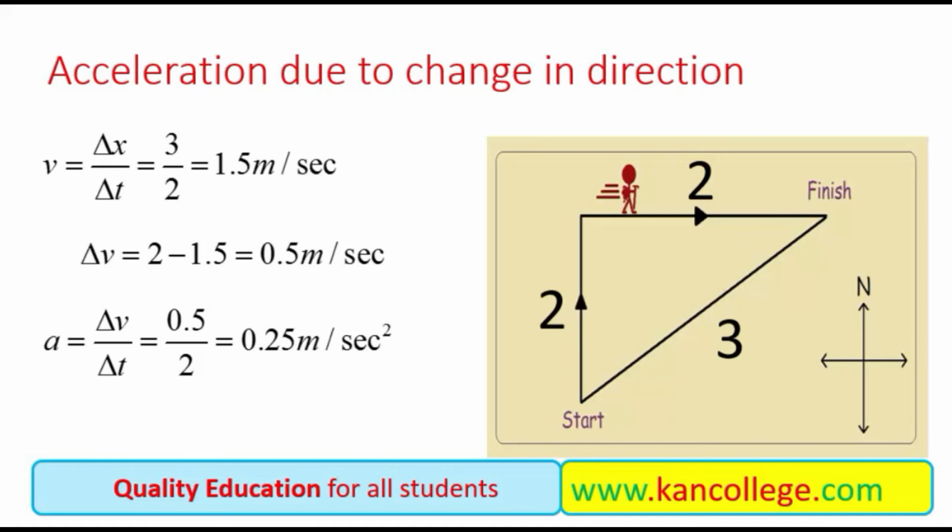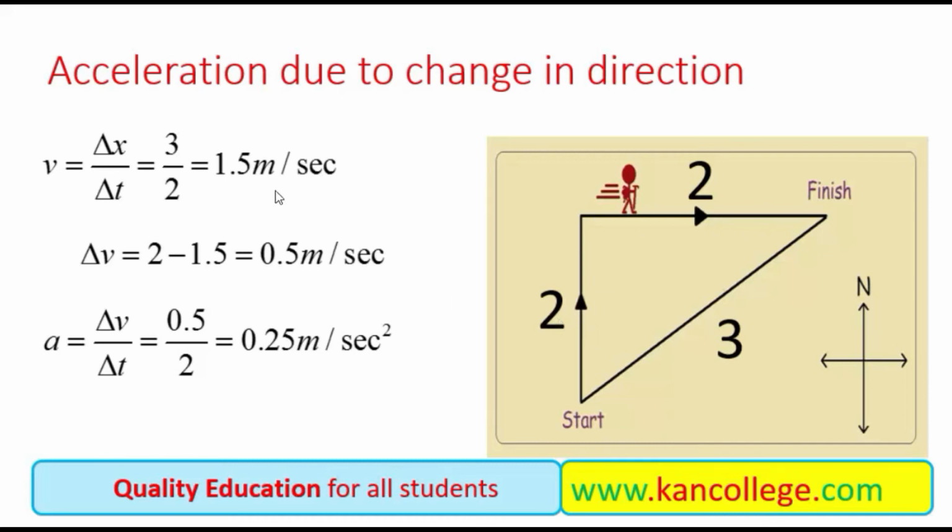We know that a change in velocity is known as acceleration, but a change in velocity may occur because of two reasons. Number one, velocity may change due to a change in its magnitude. And number two, the velocity of a body may change due to its direction.